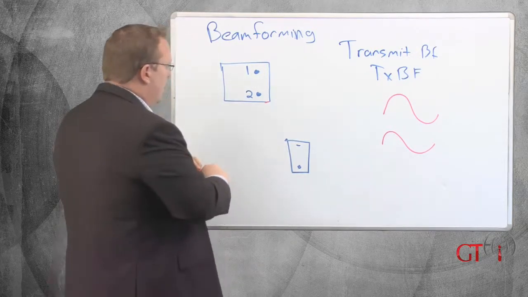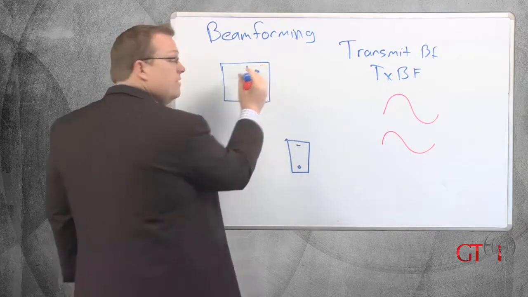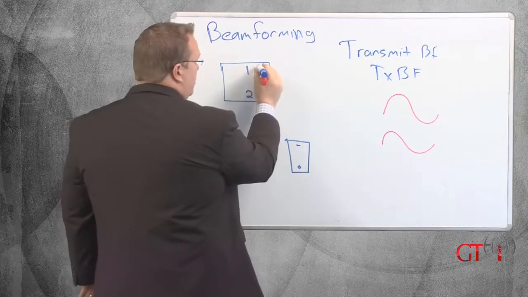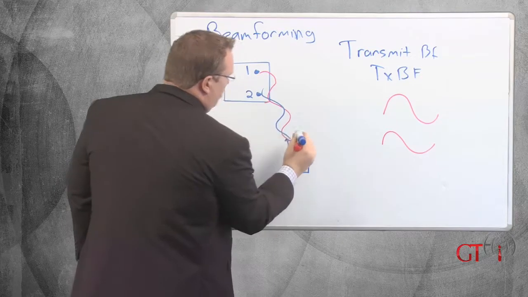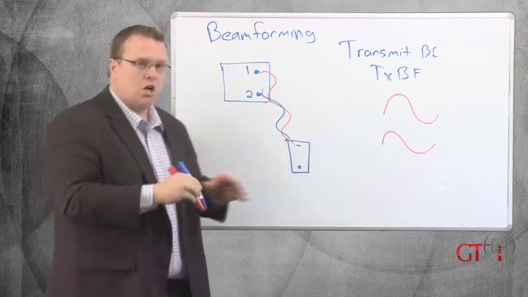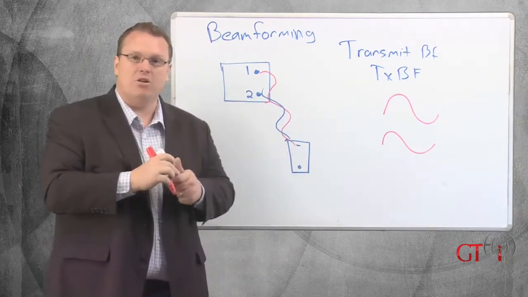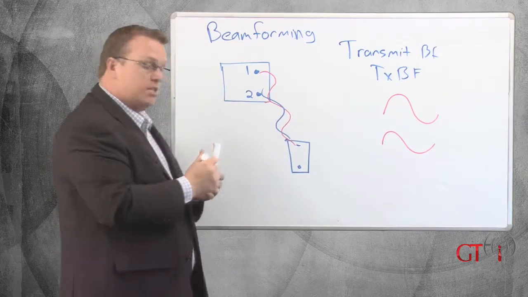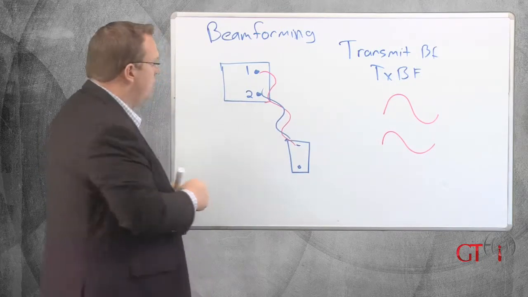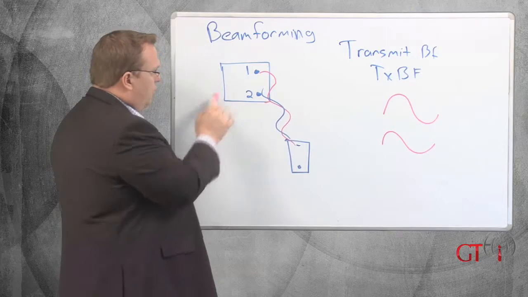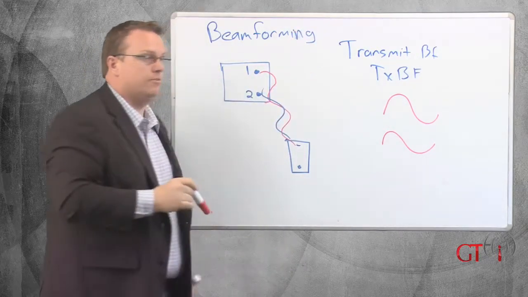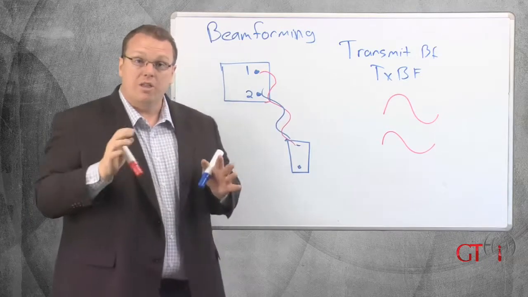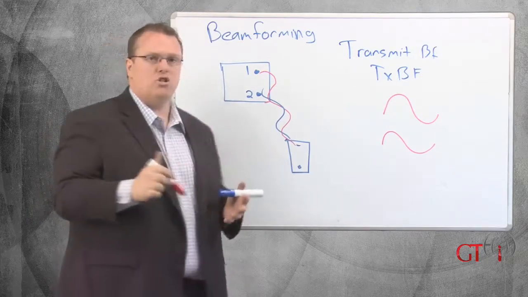The signal will actually come out of antenna number 1 first, and then out of antenna number 2, with the result being perfectly synchronized when it gets to the receiver. As you can imagine, if this phone was over here, it would time it differently, or if it was over here, it could time it differently. So that's cool. This is also known as a phased array.